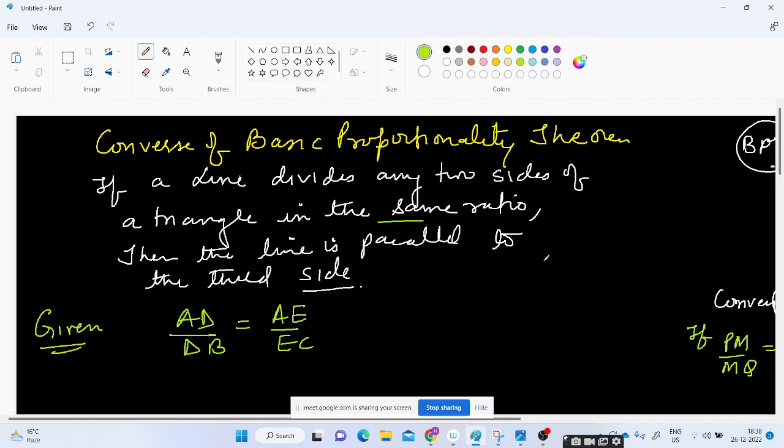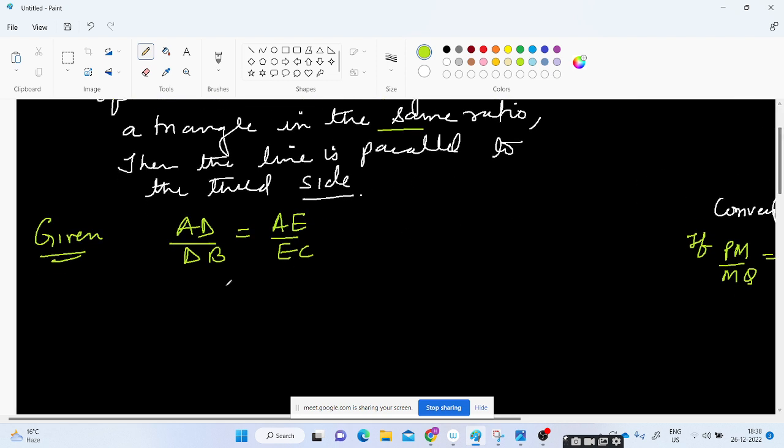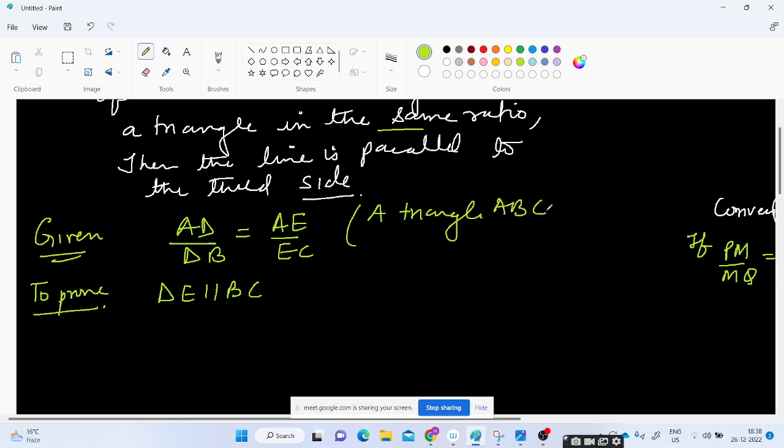And what we have to prove, we have to prove DE parallel to BC, ठीक है. तो in triangle ABC such that AD upon DB is equals to AE upon EC, ठीक है, यही लिखना है.